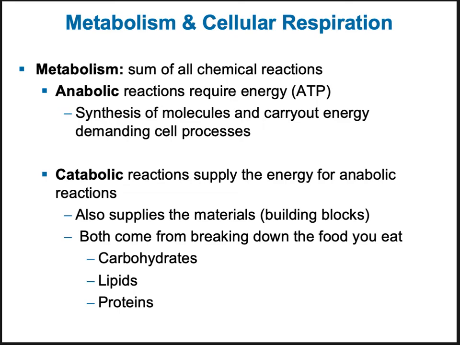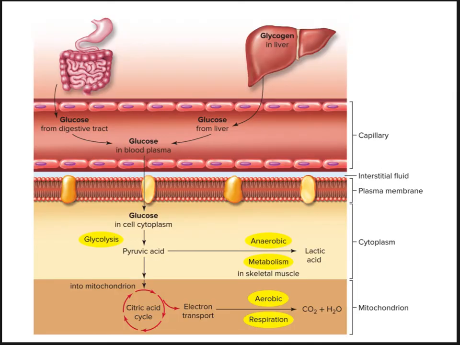So where do we get the energy and the building blocks? Of course, from the food that you eat, the different carbohydrates, lipids, and proteins that you're eating. So recall that you eat, it gets into your small intestine, and you start to break it down and absorb it. And this is just showing glucose, but we still absorb protein and fats through our gut as well.